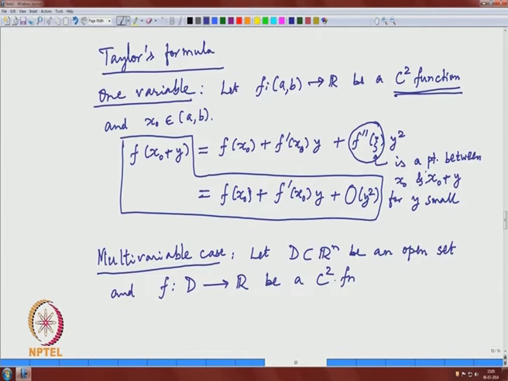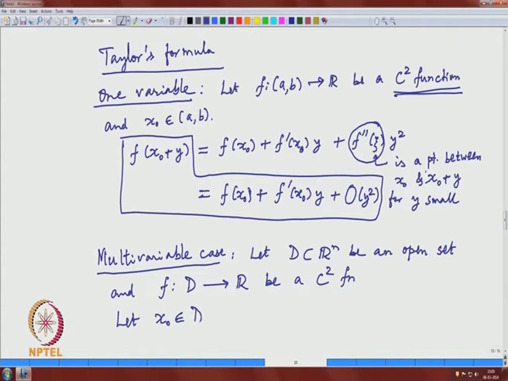So, in this case C2 function means all the first order partial derivatives and second order partial derivatives with all the variables, there will be n variables, they all exist and they are continuous. Okay. So, again let x 0 belong to D, and you choose a small ball.